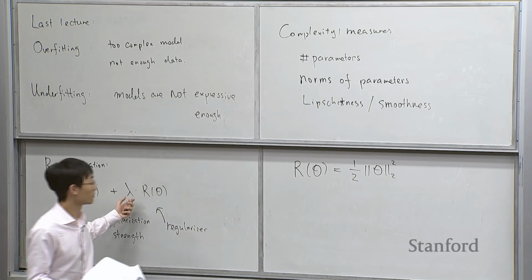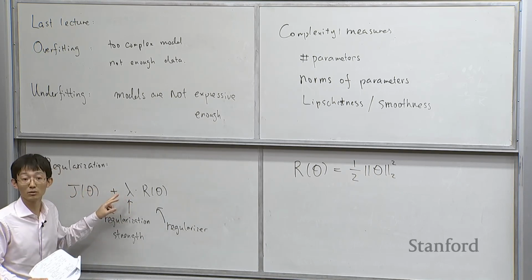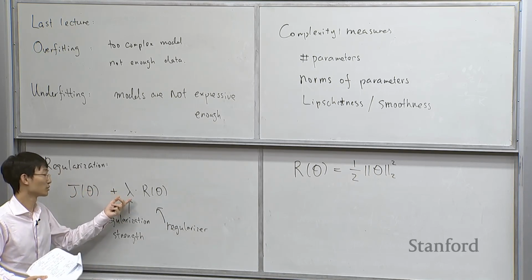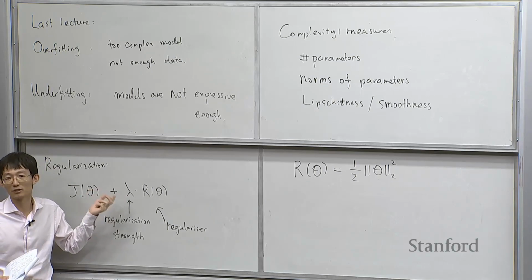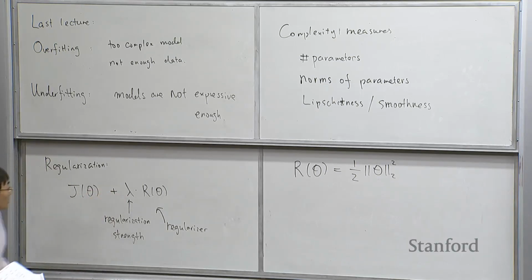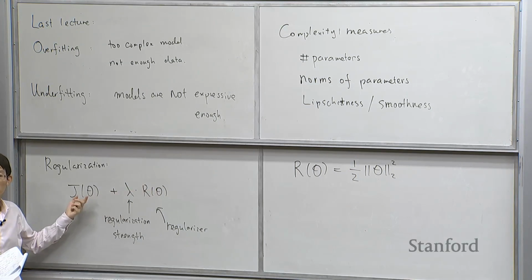And actually, when you make the lambda very, very small, this can still do something. Even say lambda is 0.00001, very small, this might still do something, because maybe there are multiple theta such that J of theta is really, really close to 0, or maybe even literally 0. If you don't have this, then you are not doing any tie breaking.